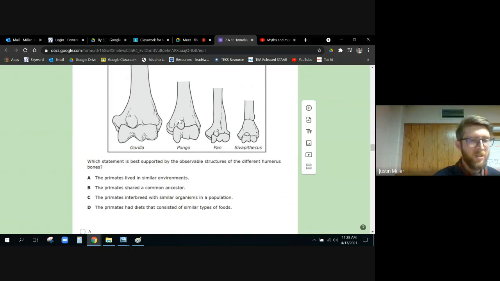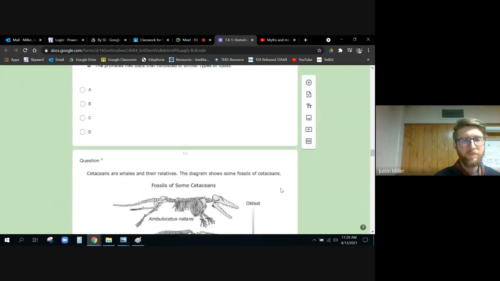But everything does that. The primates had diets that consisted of similar types of foods. You also can't tell that just by looking at this picture. That's not why your arm bone is the way that it is. So it is B. The primates shared a common ancestor, yes.